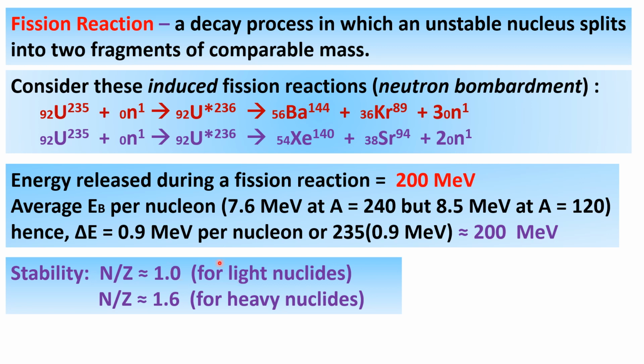This is true for light nuclides, those with a mass number of 120 and below, where the neutron to proton ratio is almost equal to 1. Whereas for heavy nuclides, including uranium, the required ratio of neutrons to protons is at least 1.6.